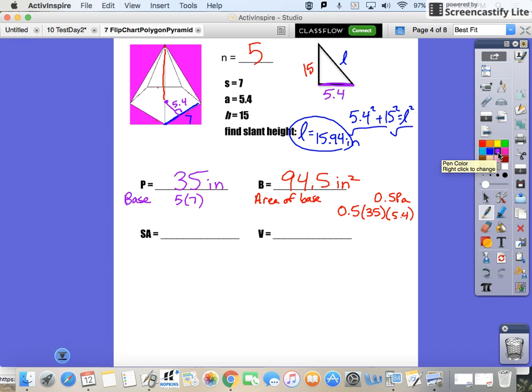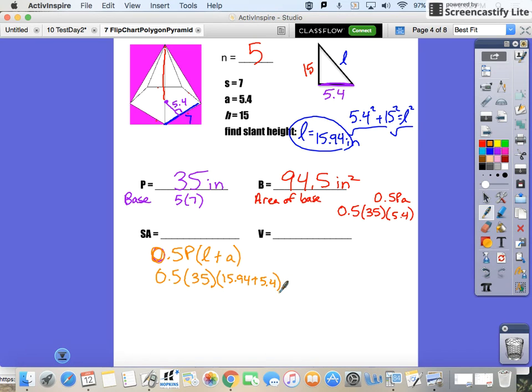So these are our new formulas. Surface area, what I asked you to use was 0.5, use a different color, 0.5 times the perimeter times the sum of the slant height and the apothem. So 0.5 times 35 times the slant height, 15.94, plus the apothem, 5.4.